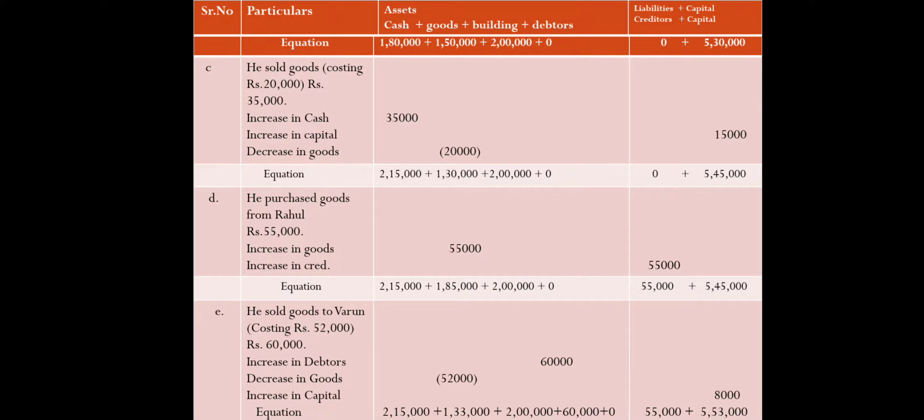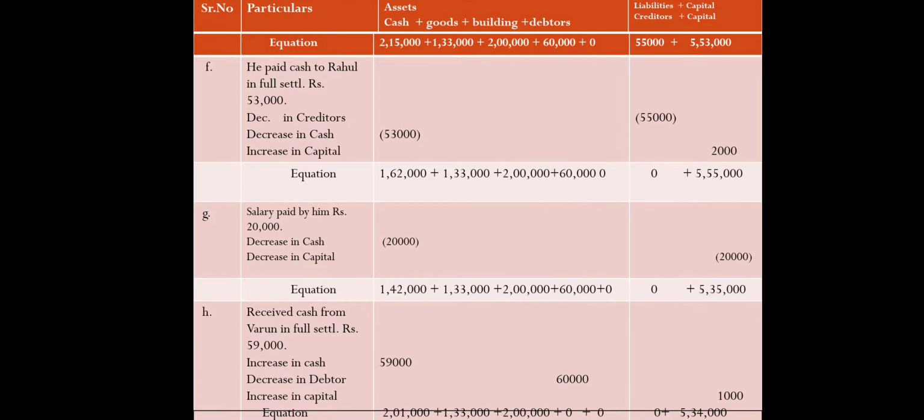So 60,000 is the increase over here, and at the same time you reduce 52,000 from your goods, and capital will automatically be increased by 8,000 because there is a profit. So our equation will be set up with 2,15,000 plus 1,33,000 plus 2 lakhs plus 60,000, and on the liability plus capital side it will also tally. This way both sides are equal.